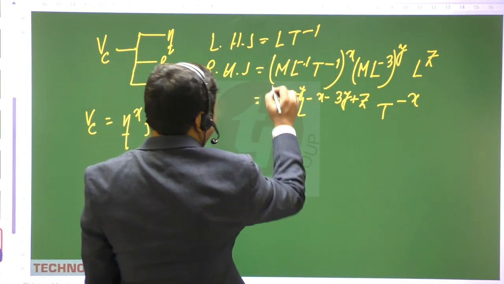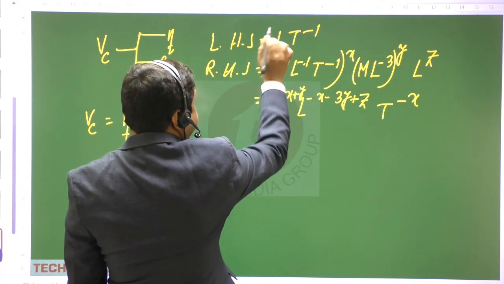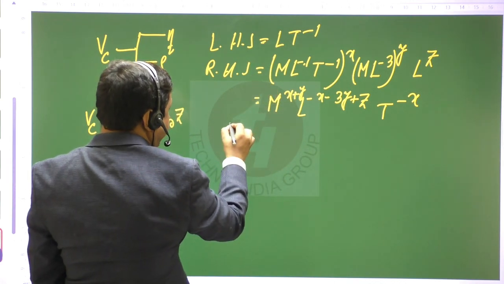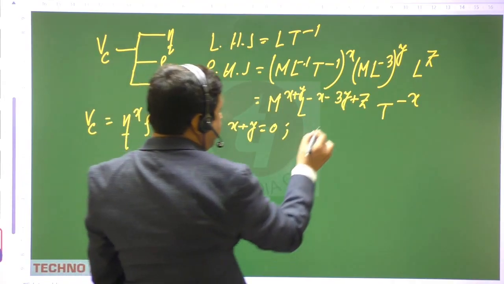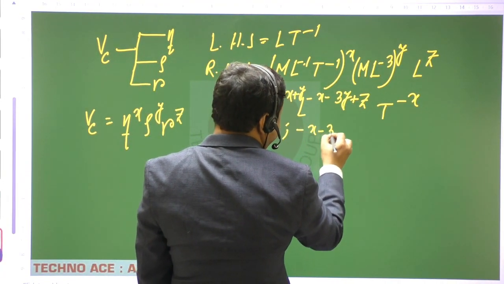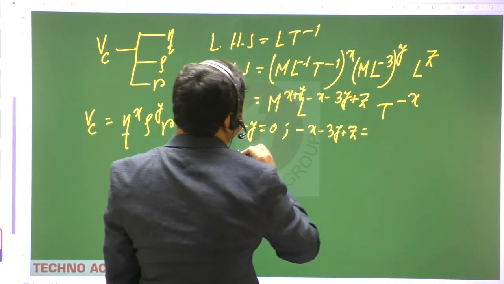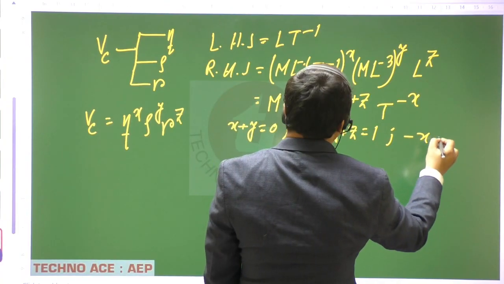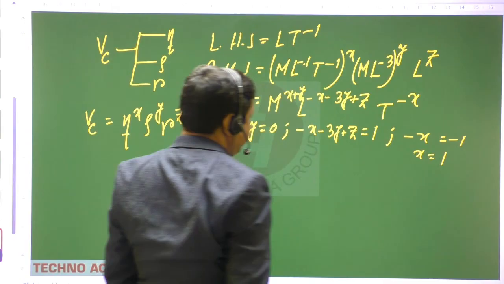So if you compare these two, m has power 0, so x plus y will be 0, number 1. Number 2, minus x minus 3y plus z is equal to 1, and minus x is equal to minus 1, so x equals 1.